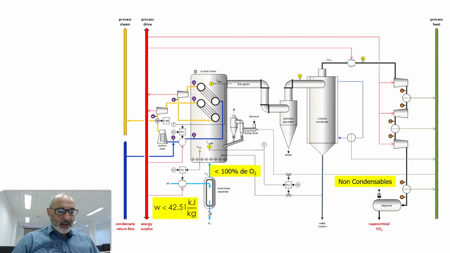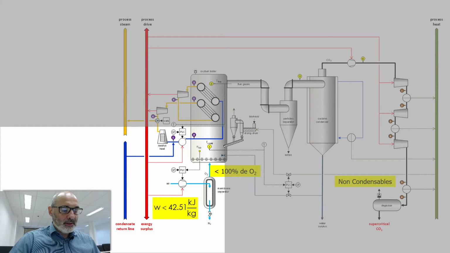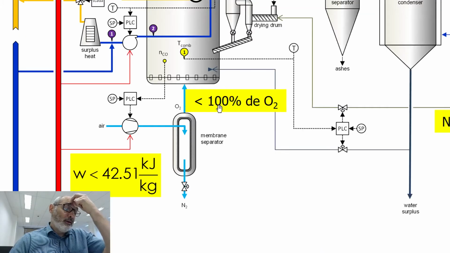So if you want 100% oxygen here, let me zoom this, with less than the minimum, this means that you're rejecting oxygen to the atmosphere.